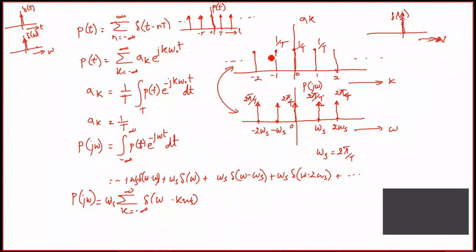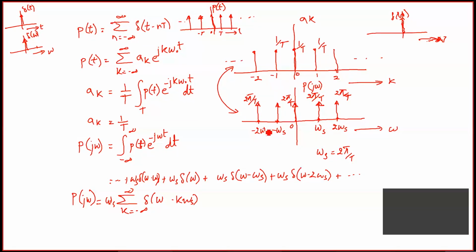Now to come from a_k to this P(j omega), 0 corresponds to 0 on the k-axis, and comparing the k-axis with the omega axis, plus and minus 1 are basically the first harmonic, the complex exponential of the first harmonic. So 1 is equivalent to omega_s here, minus 1 is minus omega_s, and similarly 2 is 2 omega_s, and minus 2 omega_s.